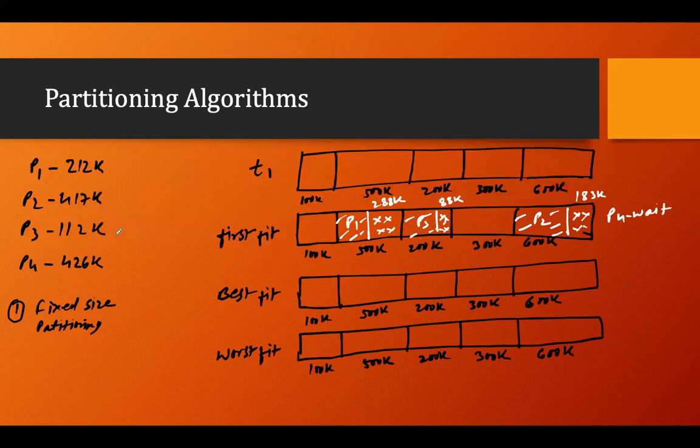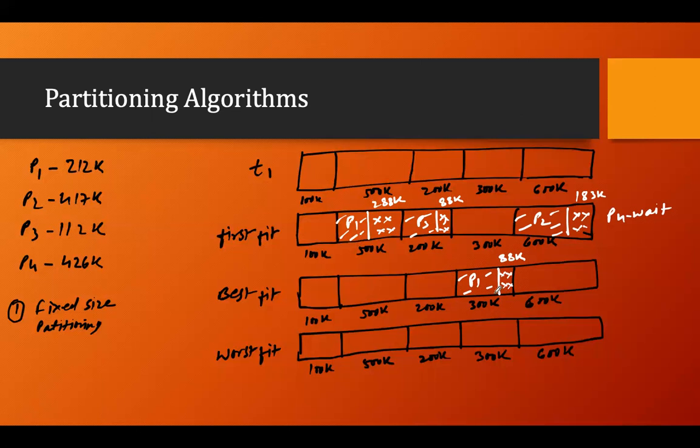Next one is the best fit. In the best fit, we scan all the available holes, and we find the minimum hole which can fulfill the requirement. The first one is P1 with 212 requirement. Here we scan all the holes, and 300 is the smallest hole that can accommodate P1. So P1 is accommodated here, and from 300 minus 212, around 88K is left.